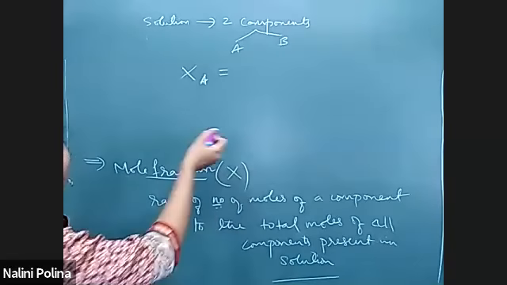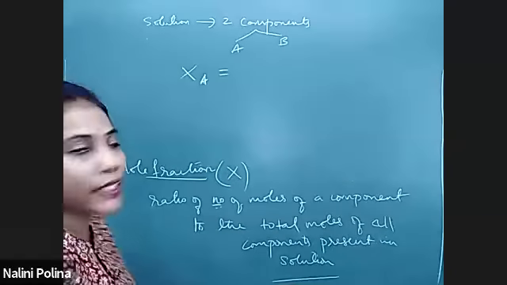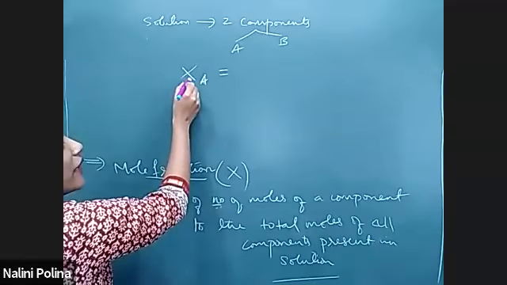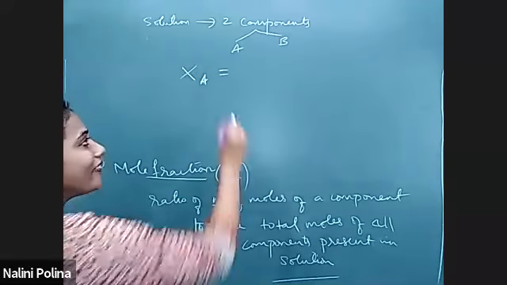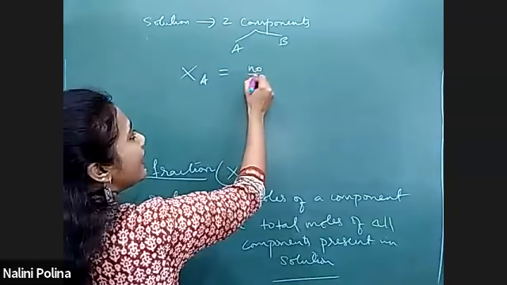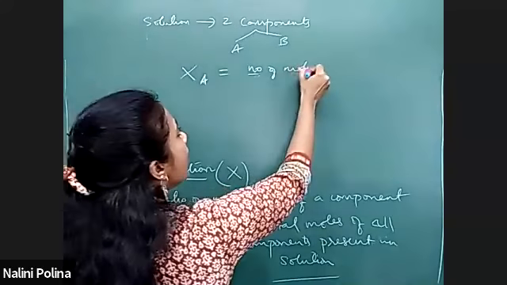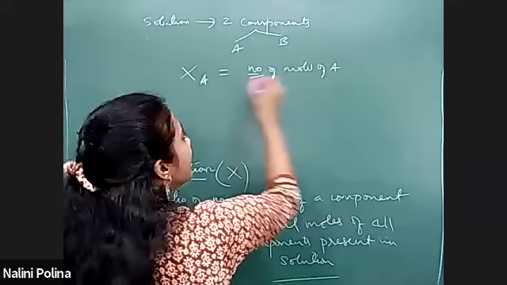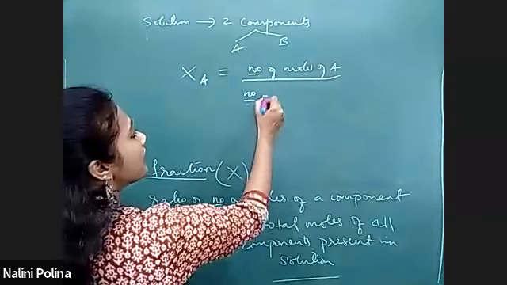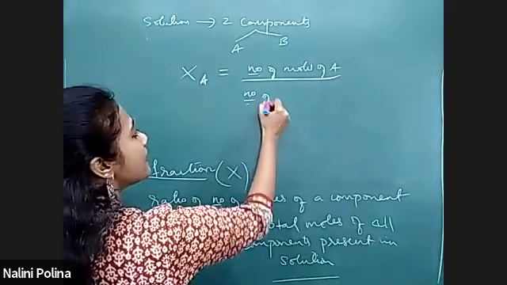The definition only says that it is just a ratio. So to find the mole fraction of A, I can write number of moles of A divided by total moles, that means number of moles of A plus number of moles of B.